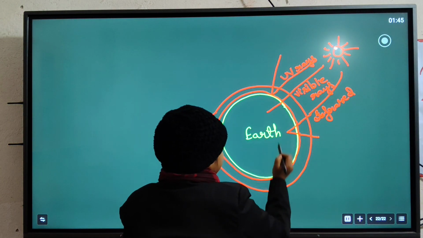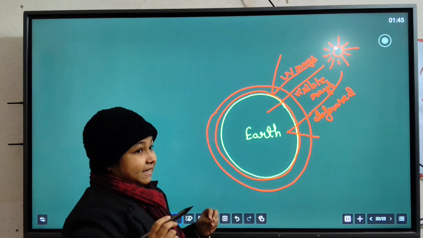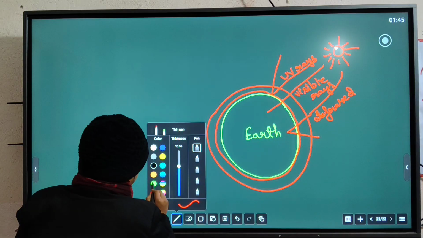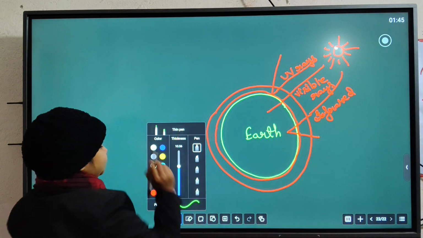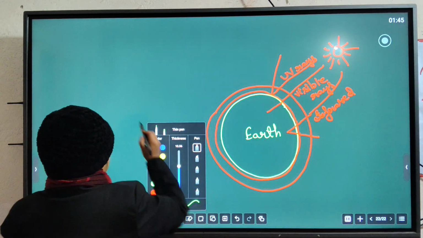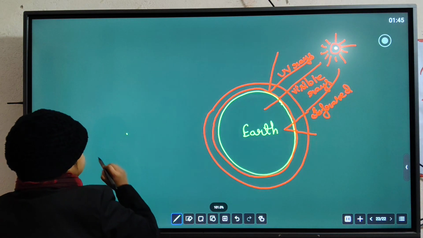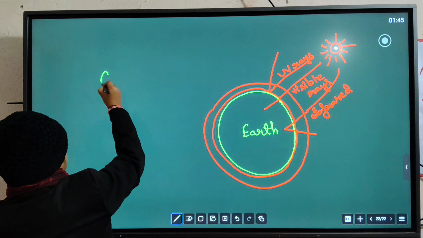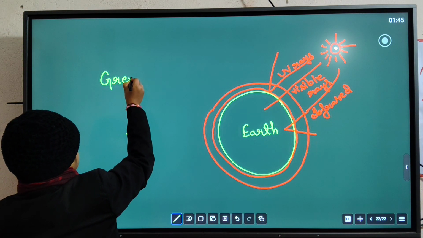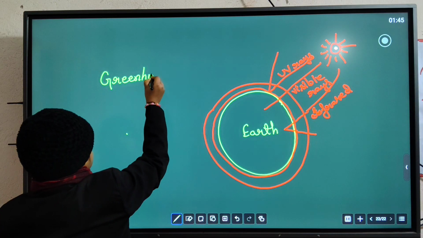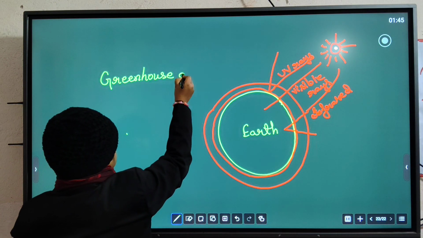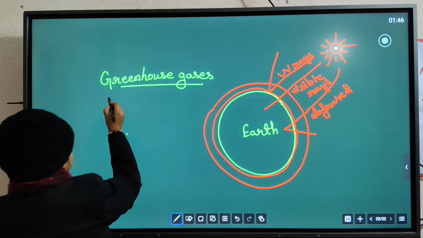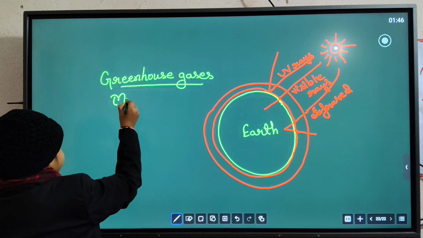Now, in our earth, there are greenhouse gases, which we discussed yesterday, that are used in the greenhouse for growing plants. Methane.